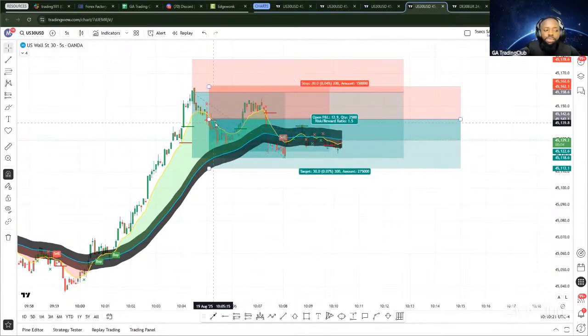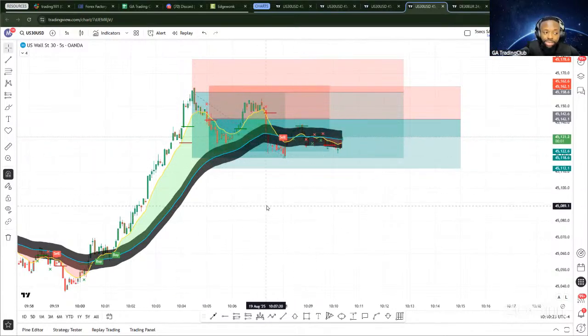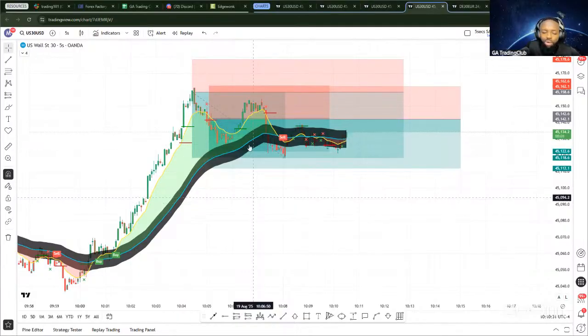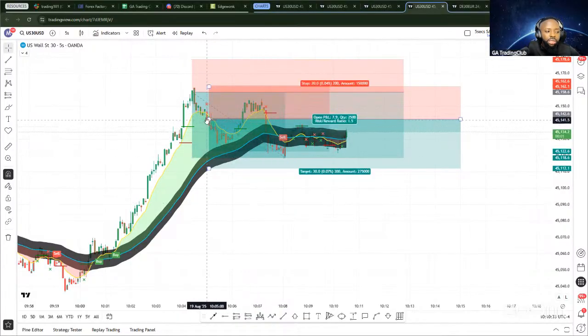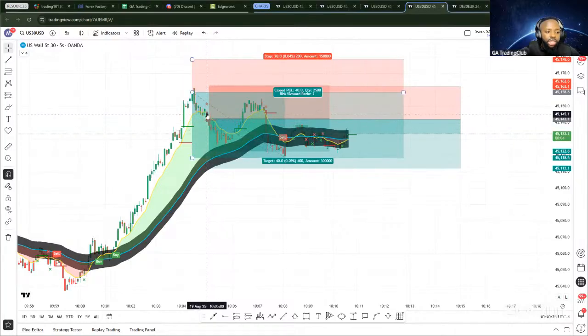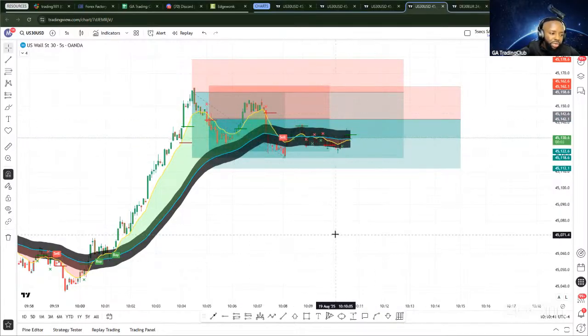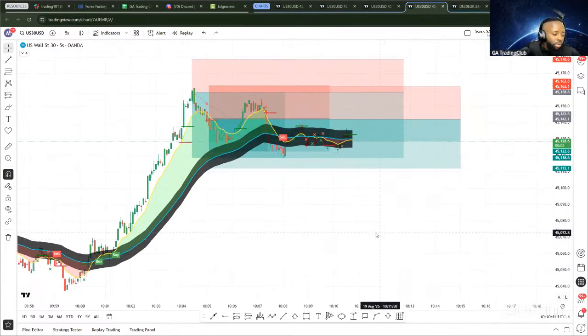And sometimes the trend-based entry, the trend change entry and the structure change entry happen on the same candle. So for example, like today, the trend change candle and the structure change candle were the same candle.